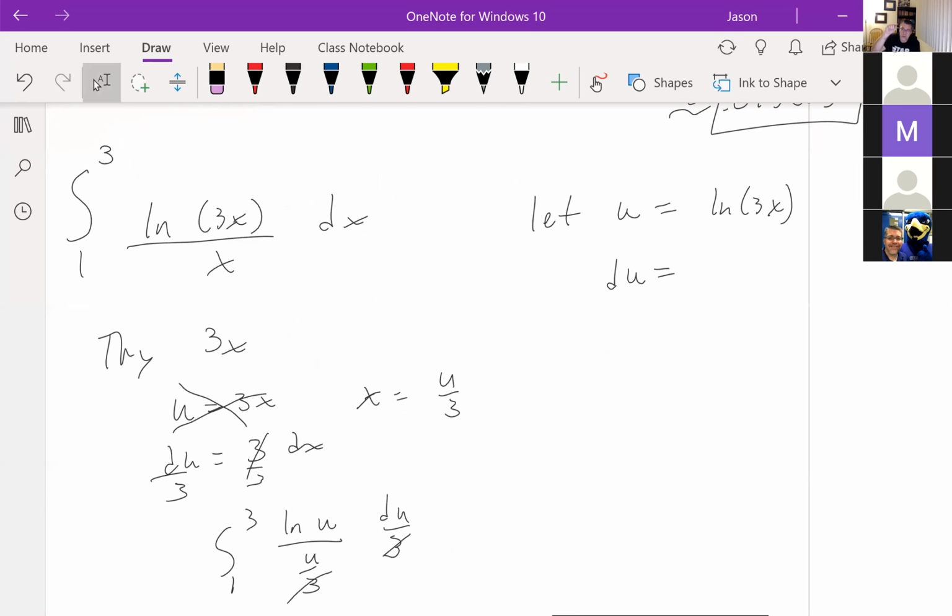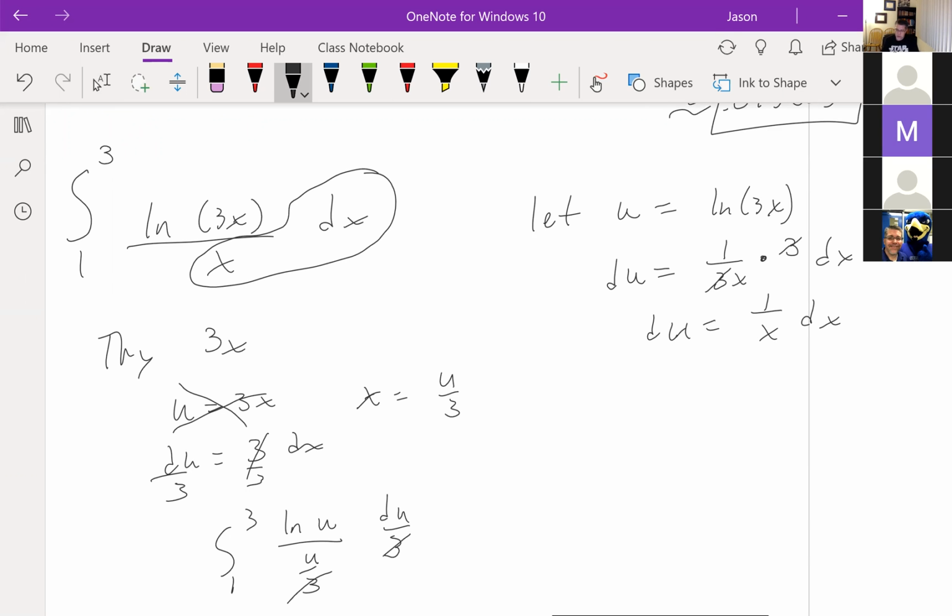It's just 1 over whatever's inside, so 1 over 3x, and then chain rule, times the derivative of the 3x, times the 3. Oh, look at that. du is now equal to 1 over x dx. That's what I have right there. I have 1 over x dx. Nice.